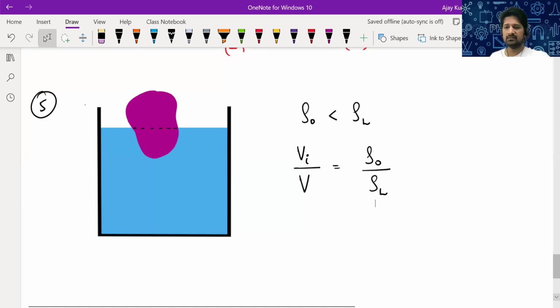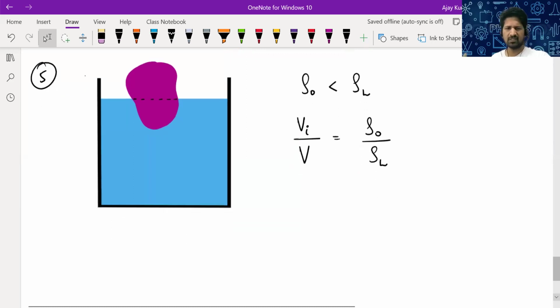Now, if we raise or decrease the temperature of this system, densities will change because if you change temperature, volume changes, and if volume changes, density changes.